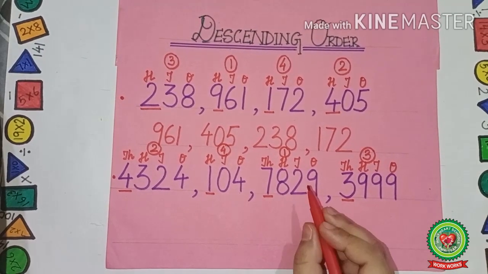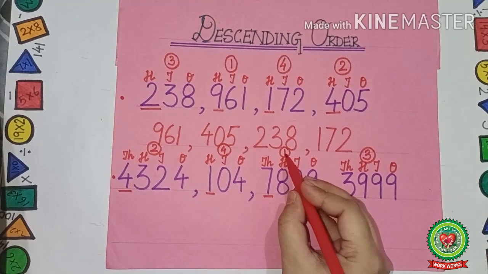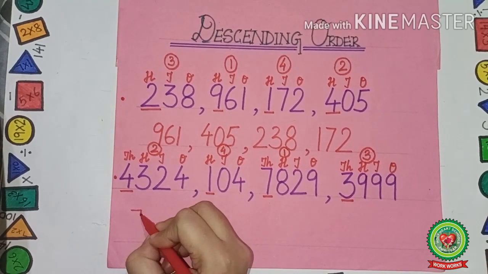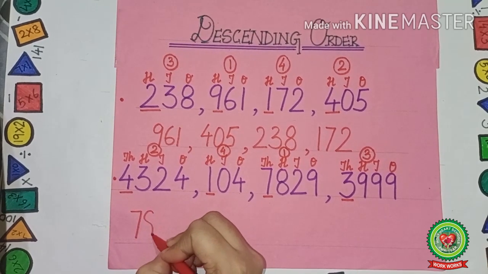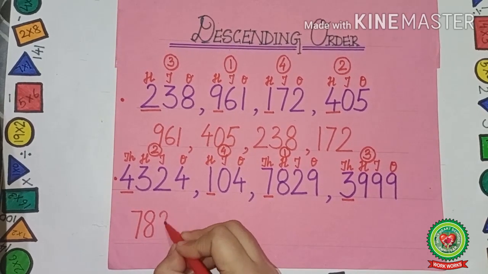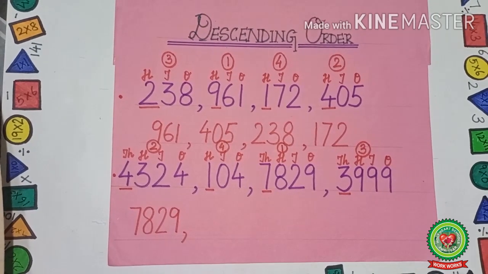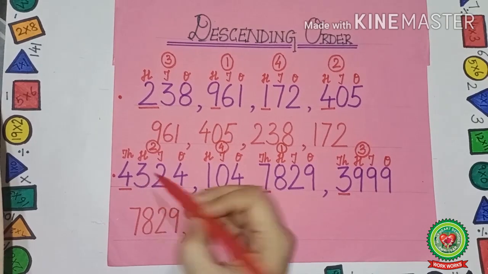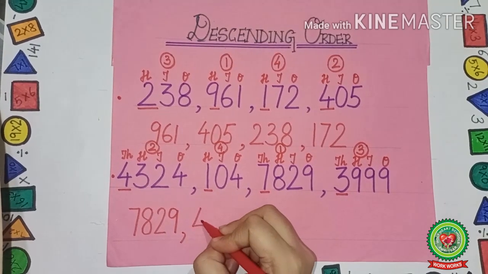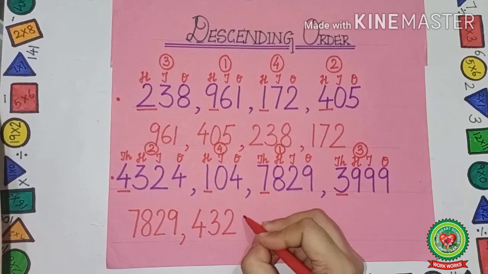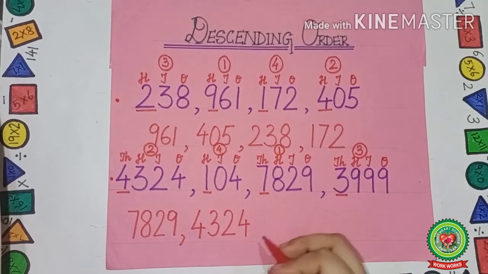Now we will arrange according to the numbers. So first one is 7,829. So we will write over here 7,829. Next number is this one. So we will write over here 4,324.